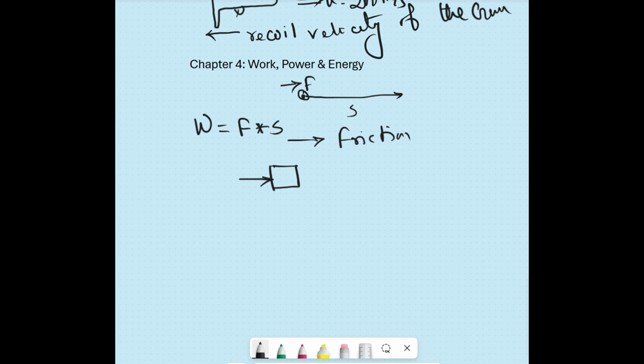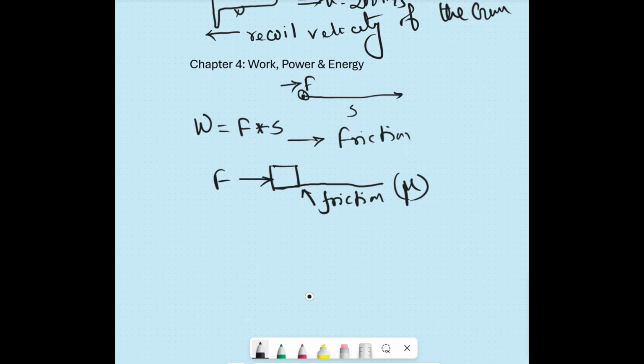If you apply a force here, and of course this object is on a floor or on a surface, maybe smooth or maybe not smooth, anyways, this surface will obviously produce a force, and this force is called the frictional force. And of course you have to know the value of mu, which is the coefficient of friction.